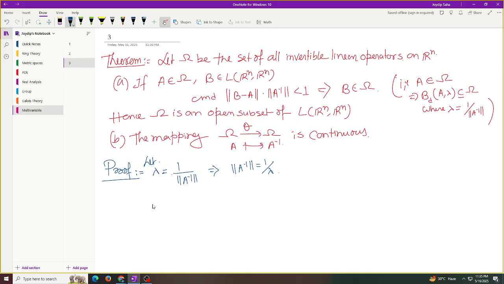Now let gamma equal norm B minus A. Then gamma into 1 by lambda is less than 1, given this relation, that is, norm B minus A into norm A inverse is less than 1. This implies gamma is less than lambda. Okay.